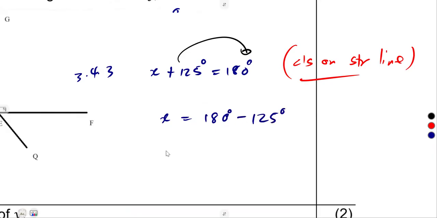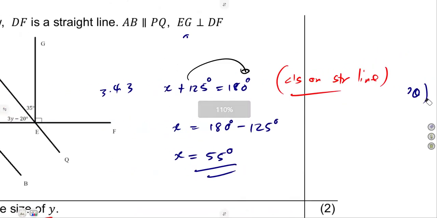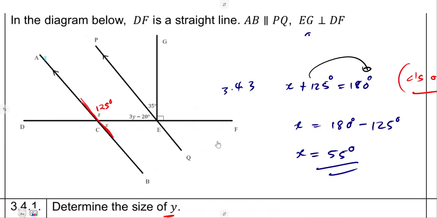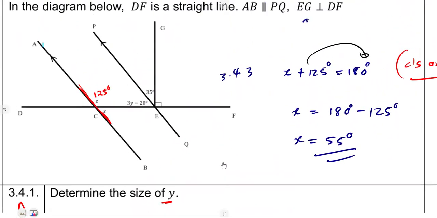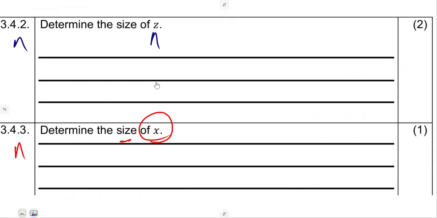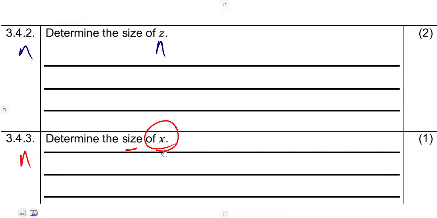So 180 minus 125, we're going to obtain 55 degrees. That's the difference between these two. All right, so those are the lettered angles that we are supposed to determine: the Y, the Z, and also determining angle X.